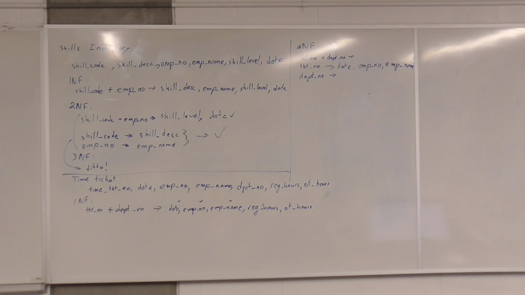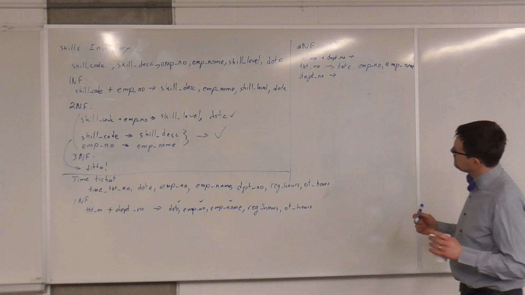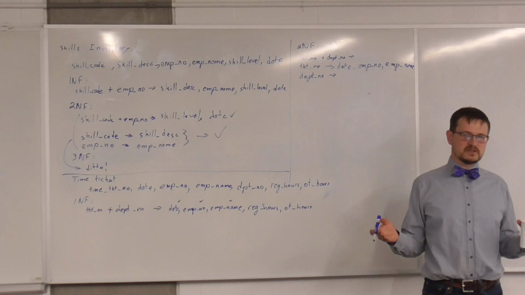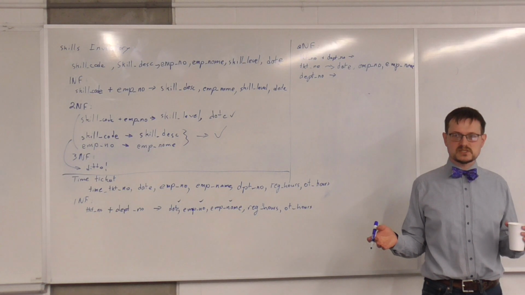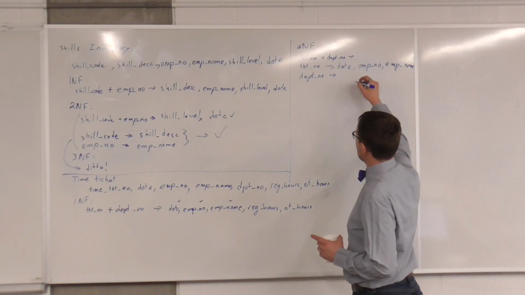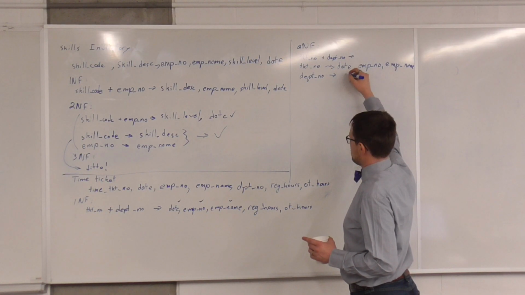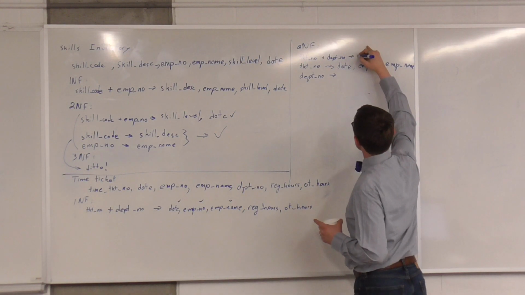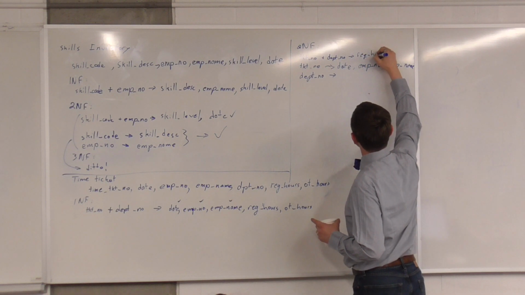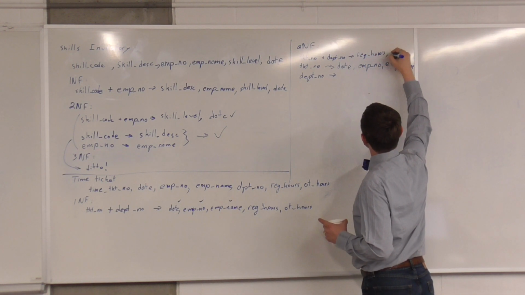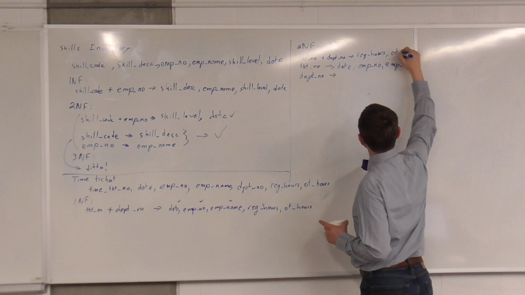And so unless the department is always giving out a fixed number of hours, like, anytime you come to work for us, you get 3 hours of work and nothing else. This is where you have to use a little common sense. So the regular hours will be dependent on both. And OT hours will be the same.